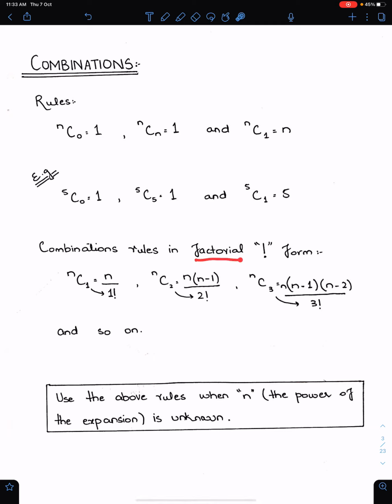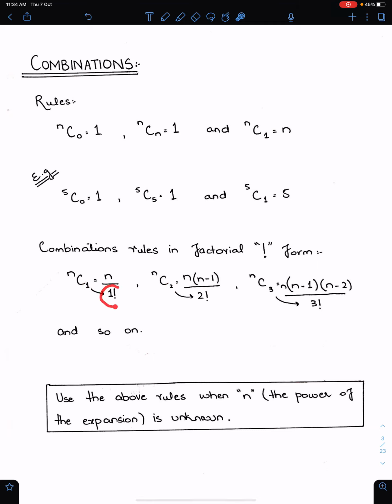Combination rules in factorial form. We use these rules when n, the power of the expansion, is unknown. nC1 can be written in this way: n upon 1 factorial. Since this number is 1, therefore this must be 1 factorial. See, this number is 2, so this should be 2 factorial.